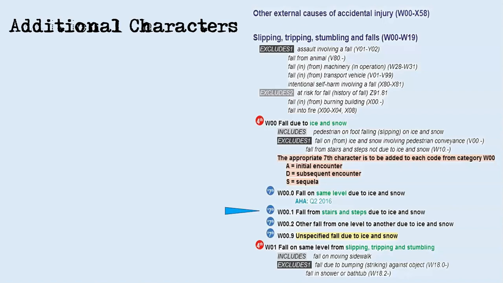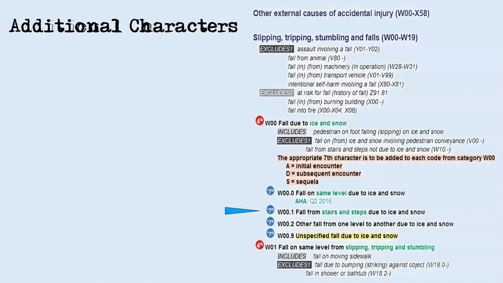Let's cover the X character and the last character. The X characters are placeholders. Note that the X character is seen right before the number 7 in the blue circle of the ICD-10-CM coding manual. There are several publishers of the ICD-10-CM coding manual.